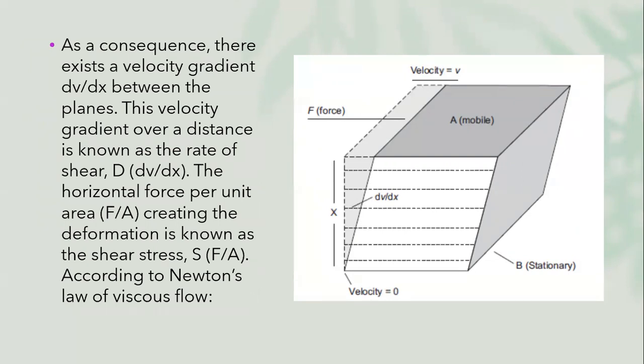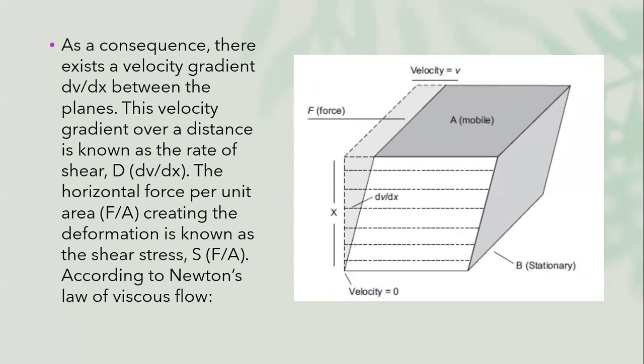This velocity gradient over distance, dv upon dx, is known as the rate of shear, denoted by capital D.